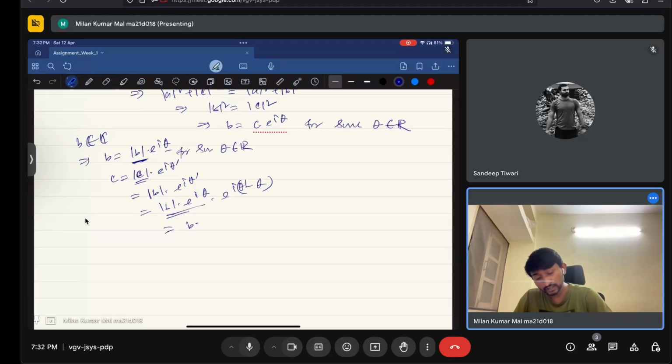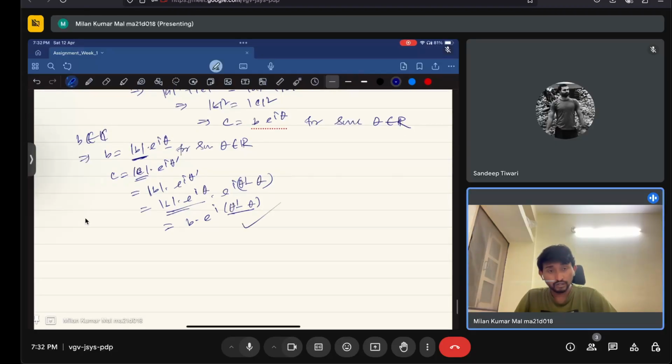That factor is e to the power i (theta dash minus theta), which is something real because theta and theta dash are real.